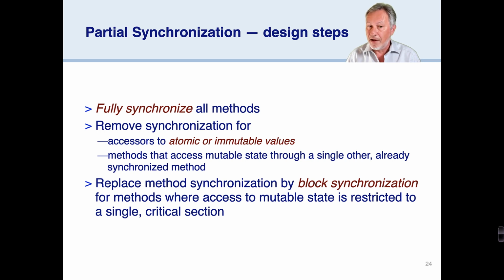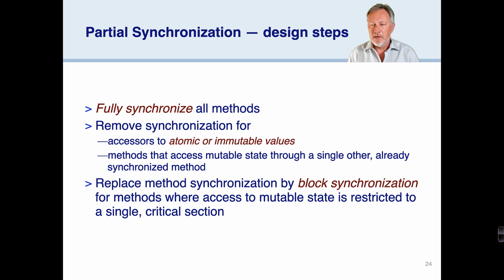Particularly if you have accesses to atomic or immutable values, or if you have methods that don't access any state, then you can remove synchronization there. Also, if you have methods that access mutable state through some other method which is already synchronized, typically another public method, then once again, you don't need the synchronization and you can remove it.